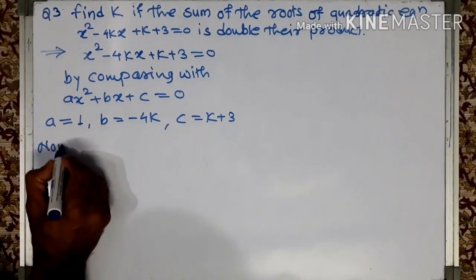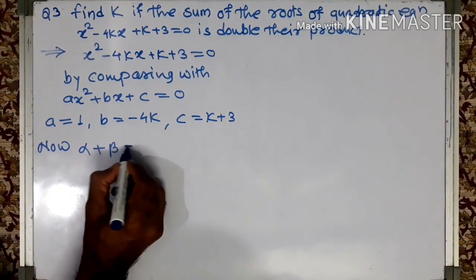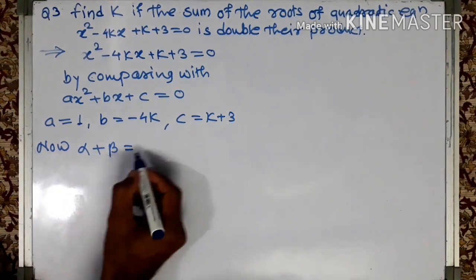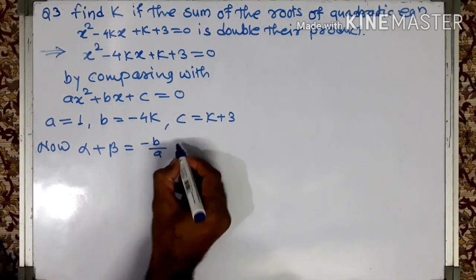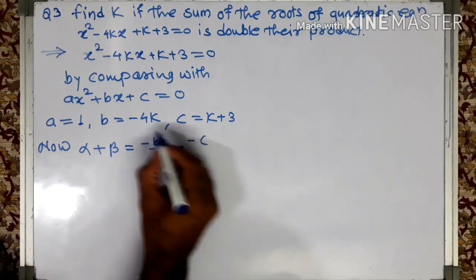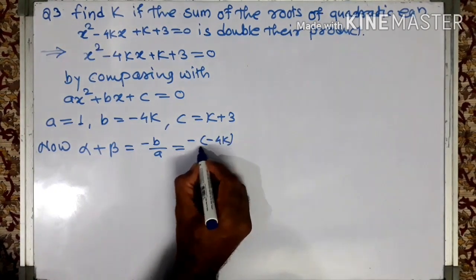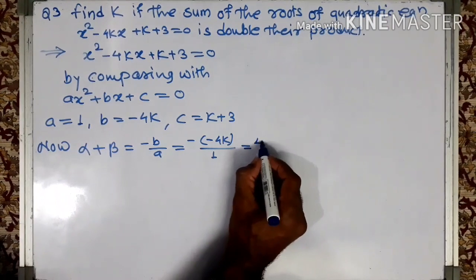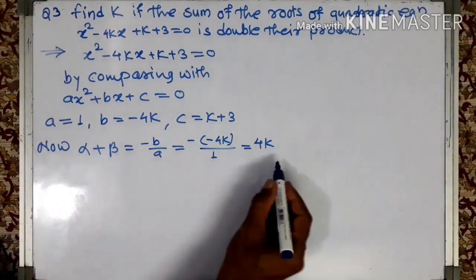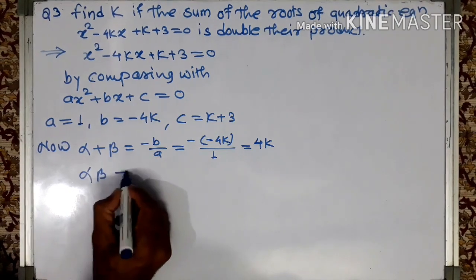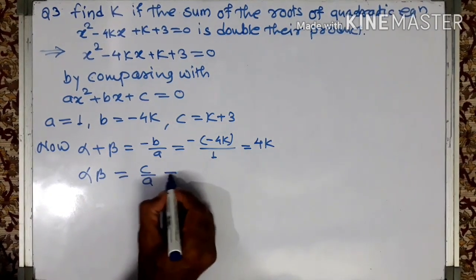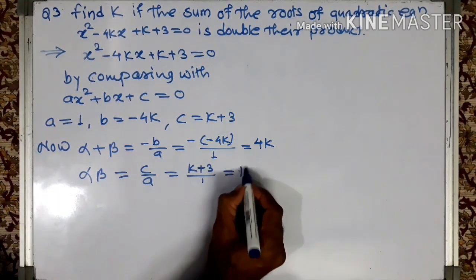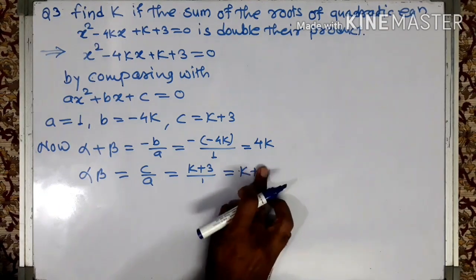Now alpha plus beta, we know the relation between roots and coefficients, alpha plus beta equals minus b upon a. Value of b is negative 4k upon value of a is 1. So minus minus plus 4k upon 1, that means alpha plus beta is 4k. Alpha into beta is c upon a. Value of c is k plus 3 upon value of a is 1. That means alpha into beta equals k plus 3.